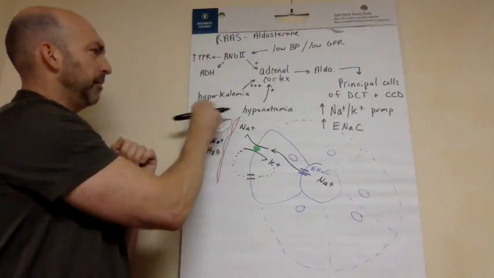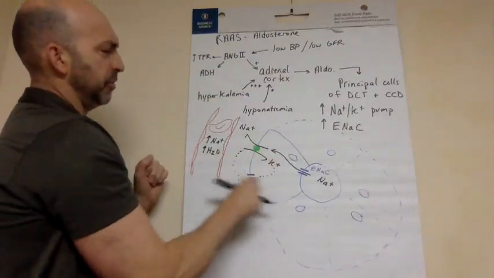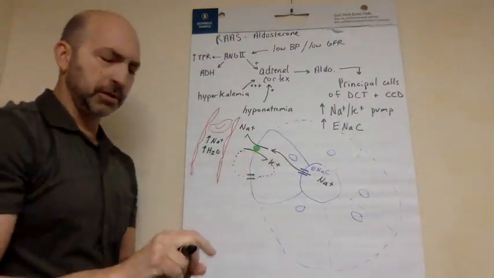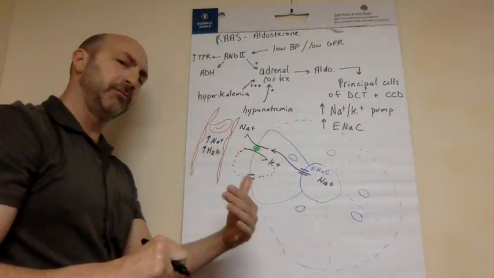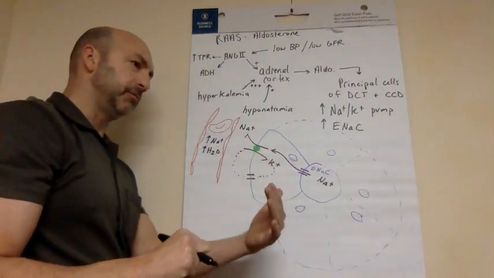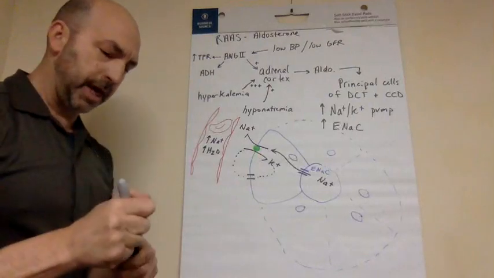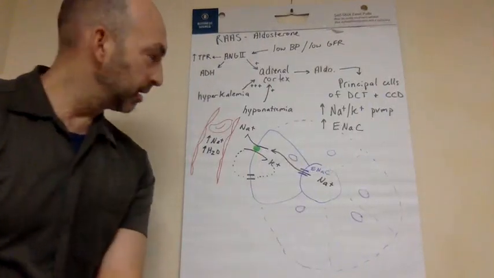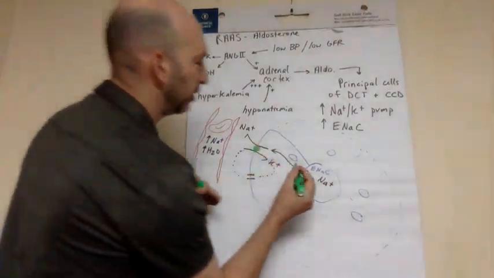Now, we have to solve this hyperkalemia bit. Well, we had the potassium going around and around. Well, one of the other channels that can get expressed, especially with higher aldosterone secretion, is a channel called ROMK, and that stands for renal outer medullary potassium channel.